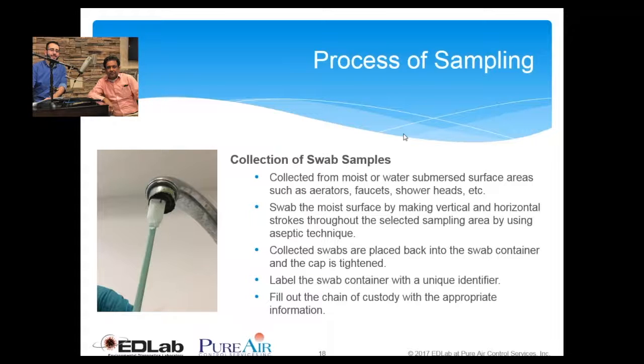Again, make sure it's not leaking, meaning the swab is tight in its container, uniquely identified, and the chain of custody is appropriately filled. So that is a good swab sample. As you can see in this picture, we have noticed that this particular faucet has some kind of deposition, so a swab sample is being collected with the process I just described a minute ago.